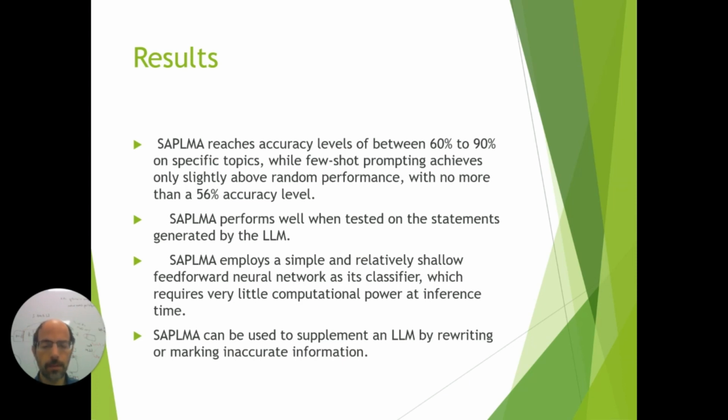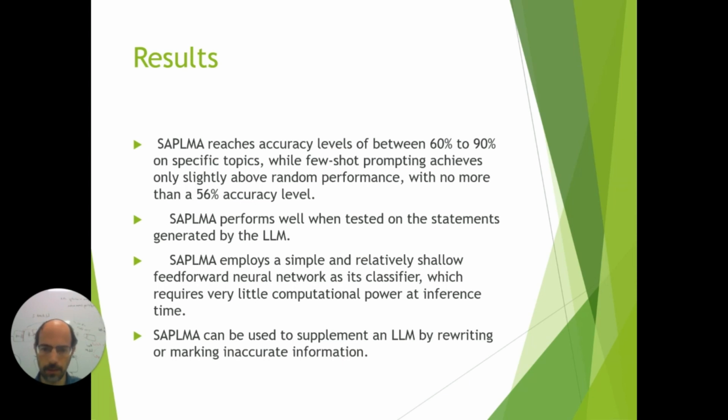We also show that SAPLMA performs well when tested on statements that were generated by the LLM, by the OPT 6.7 billion parameter model. And since SAPLMA uses a very small network, it can just supplement the LLM, and every time the LLM generates a statement, SAPLMA can test if it's true or false, and then it can decide whether to erase that sentence or to mark it, at least.